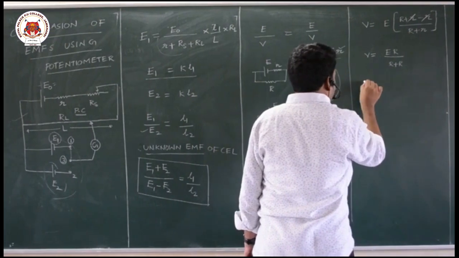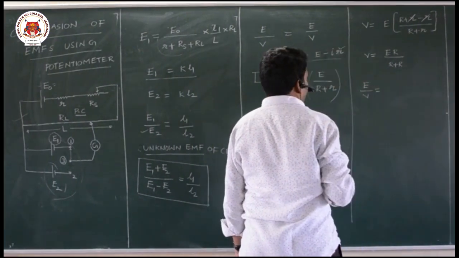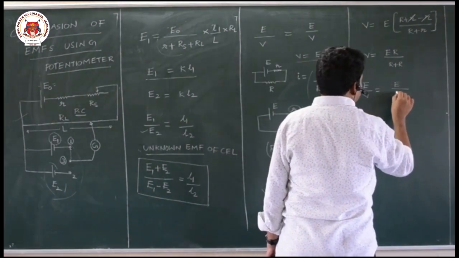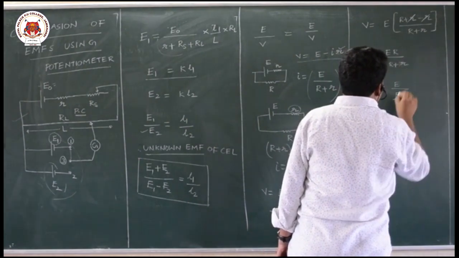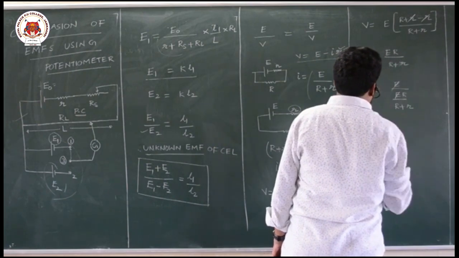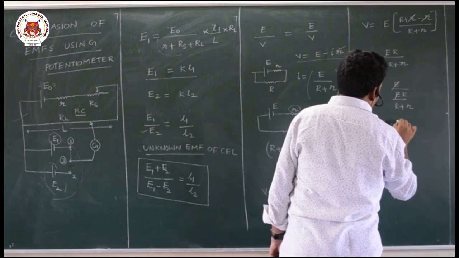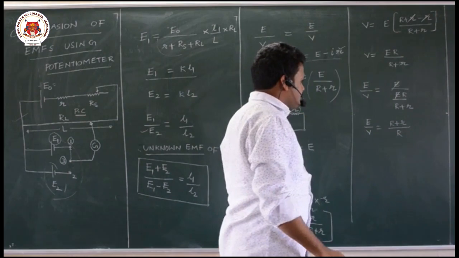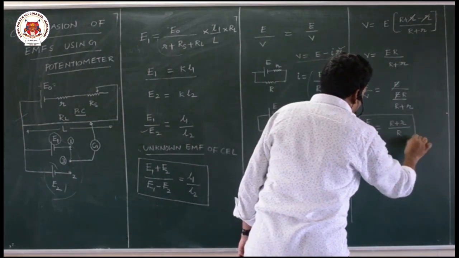Now E by V is equal to E divided by E into R by capital R plus small r. So E and E will get cancelled. E by V is equal to capital R plus small r by capital R. So this is the ratio of EMF and potential difference.